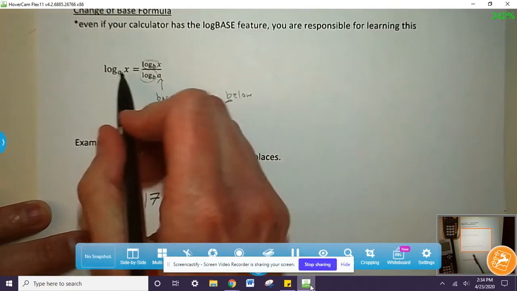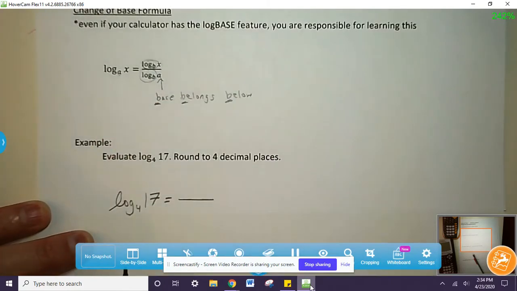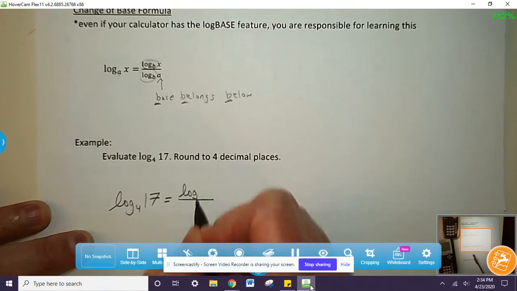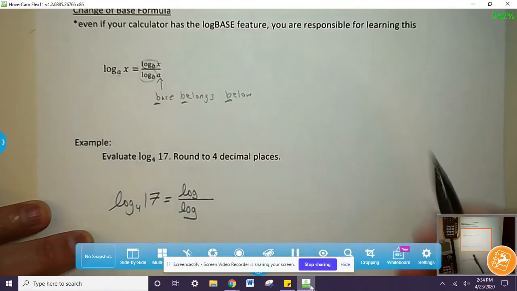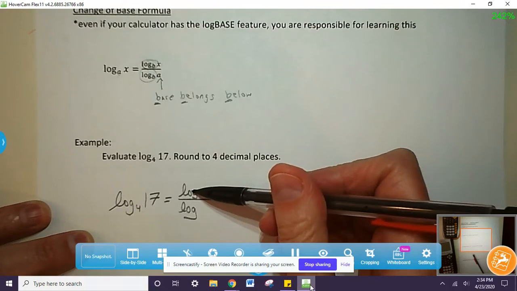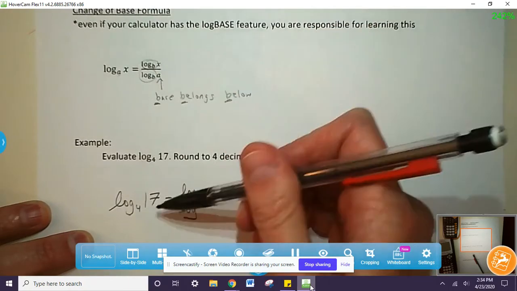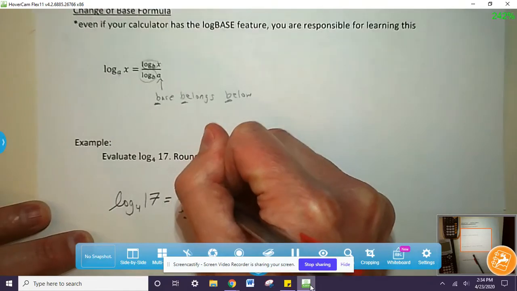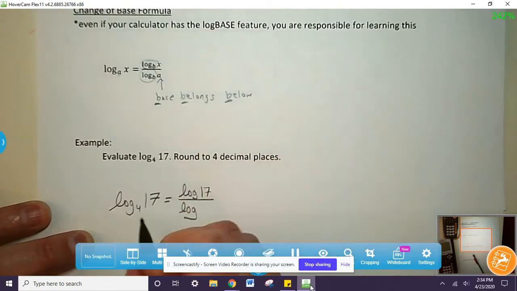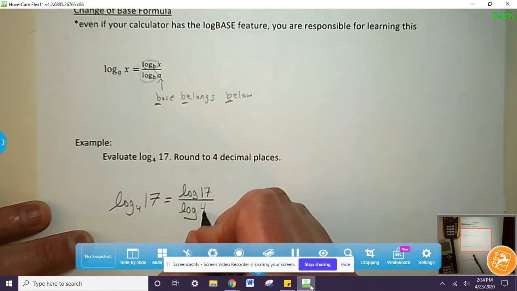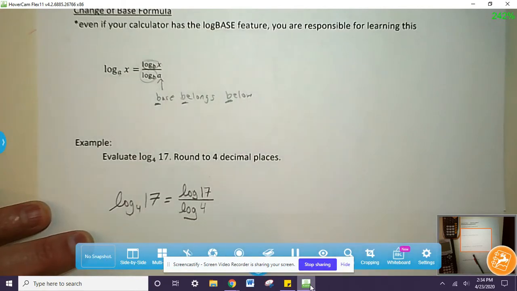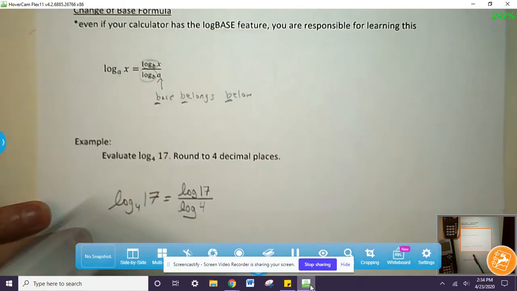So what we do is we make a fraction. We use our base up top. So you do common log up top, common log on the bottom. I'm using base 10 for these. What we are taking the log of goes inside. The old base goes inside the log on the bottom. That's the change of base formula using common log.